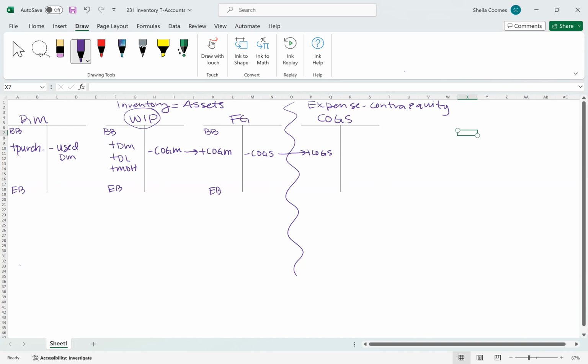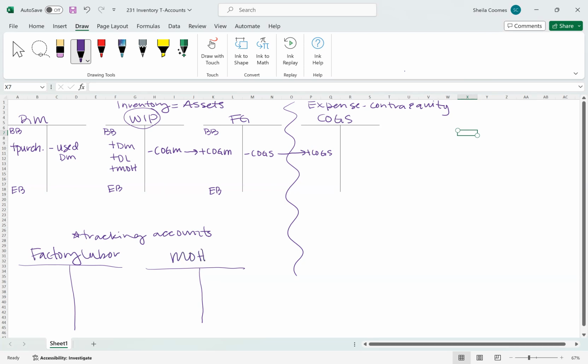So down here, I want you to think about two more, we're going to call them temporary tracking accounts, okay? So these are not assets or inventory. They're just simply accounts that we want to track some costs in. And those costs we're going to track factory labor and manufacturing overhead.